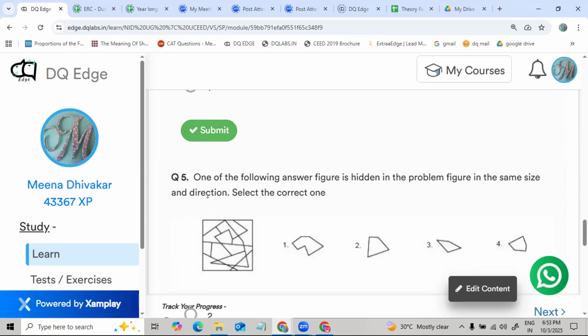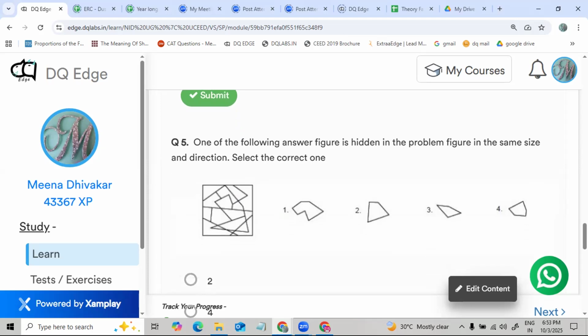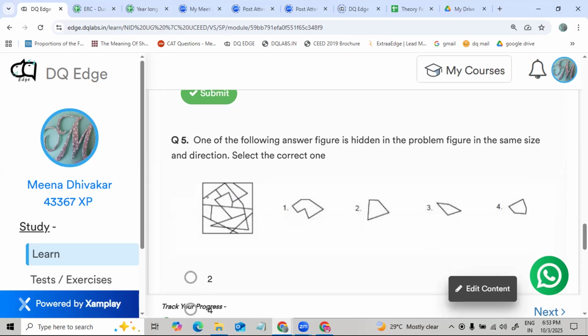This should be slanting, right? Can you see the slanting? Can you see the differences now?